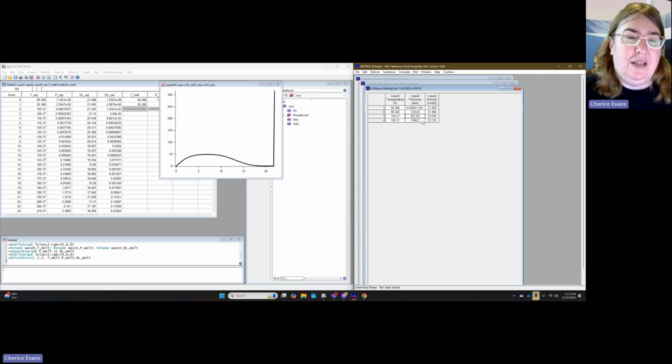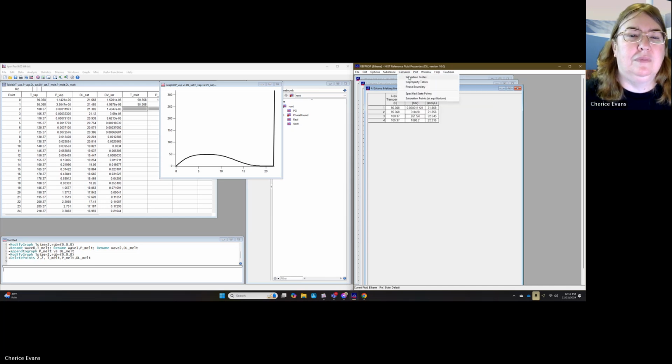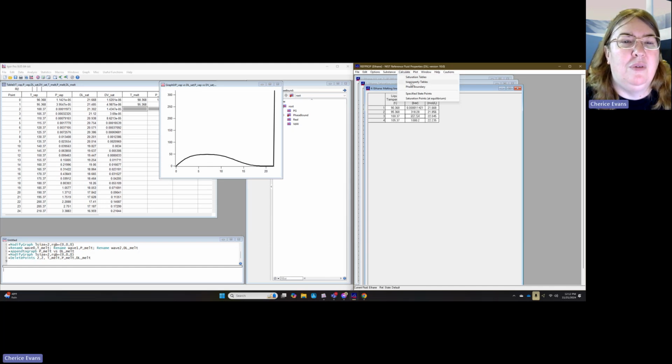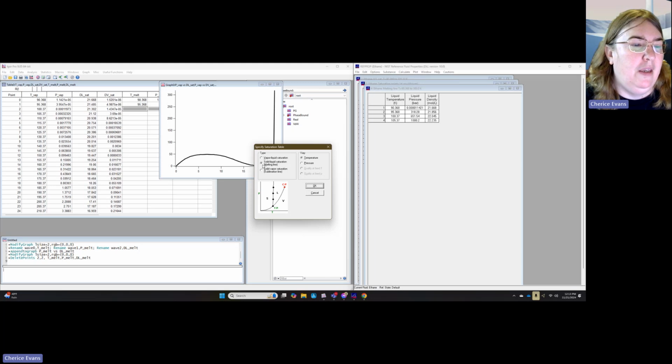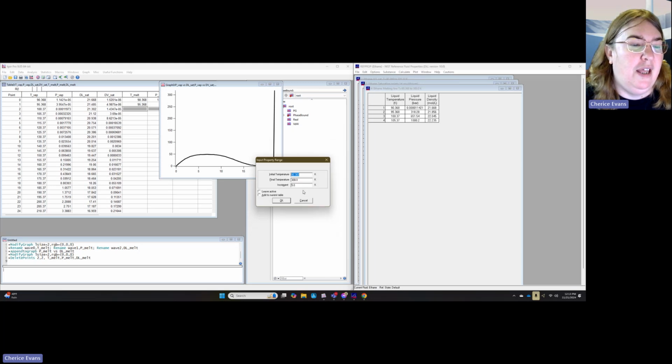So what I'm going to do is back this down, use the liquid pressure, and deal with this in a slightly different way. Still going to do a solid liquid saturation line. I'm going to adjust the temperature to 100 Kelvin. See, 90.368 to 100.